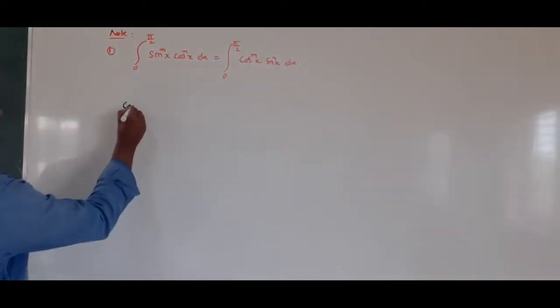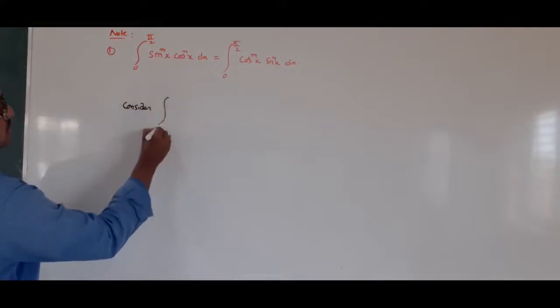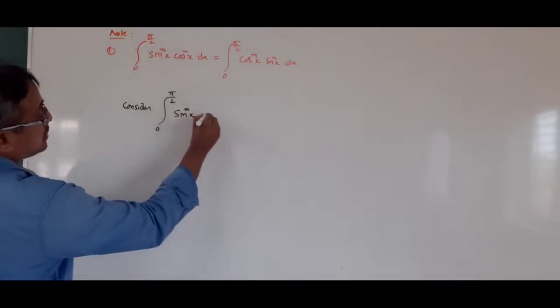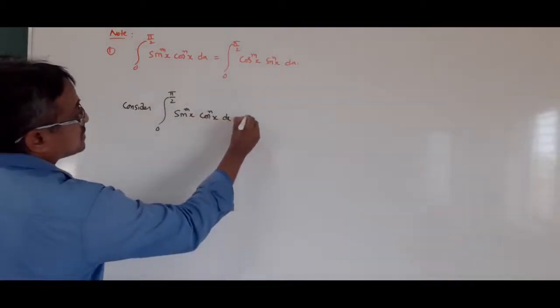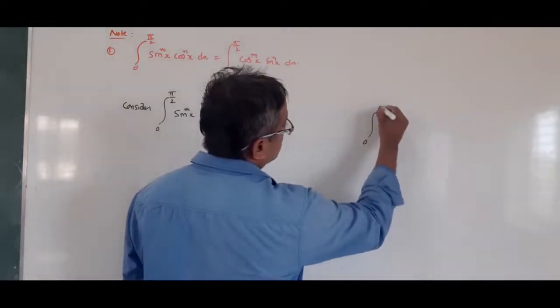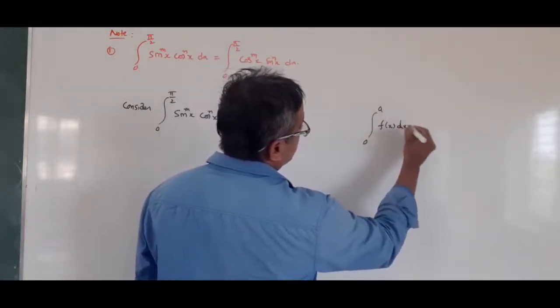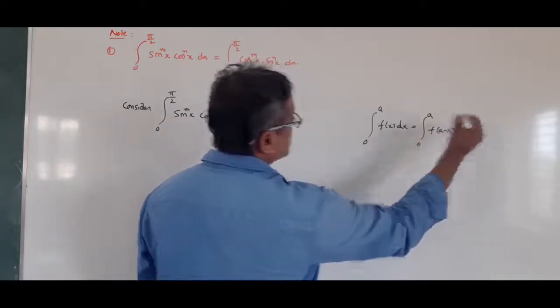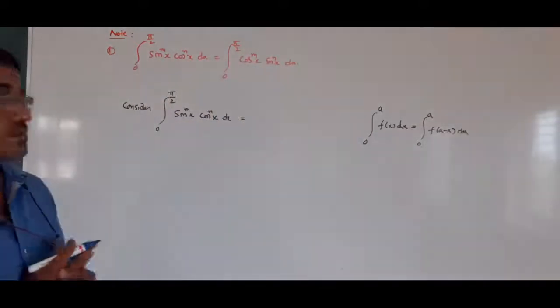Let us see. So let us consider the integral 0 to pi by 2 sin power m x into cos power n x dx. You have a formula, integral 0 to a f of x dx is equal to integral 0 to a f of (a minus x) dx. Now let us apply that formula.